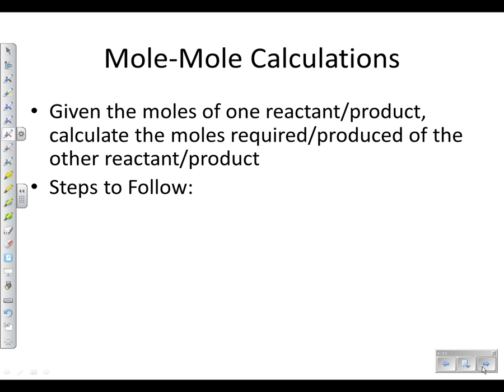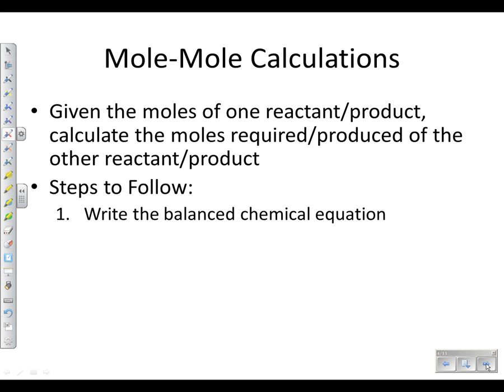But there are 3 steps. The first thing we have to do is we have to write a balanced chemical equation. We gotta have a balanced equation first so we get the ratios. After we get the balanced equation, a stoichiometry problem is just a conversion problem. And we've done lots of conversion problems.